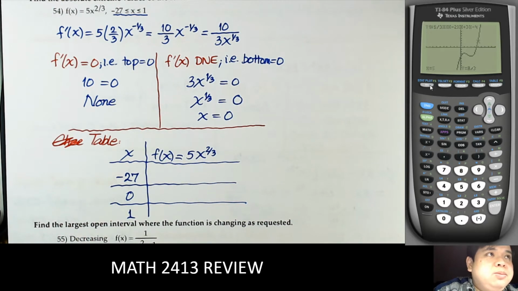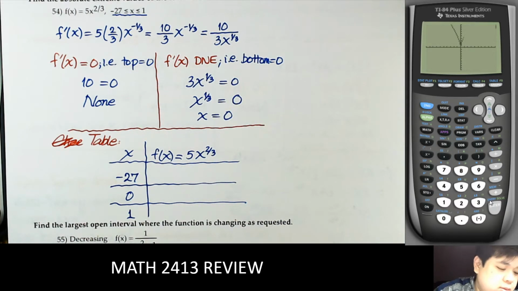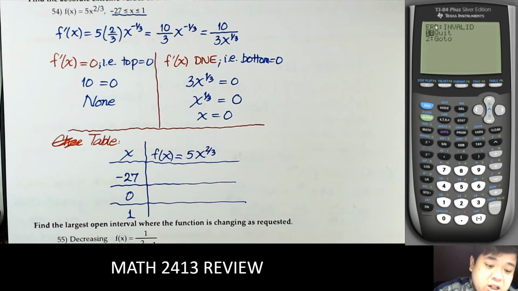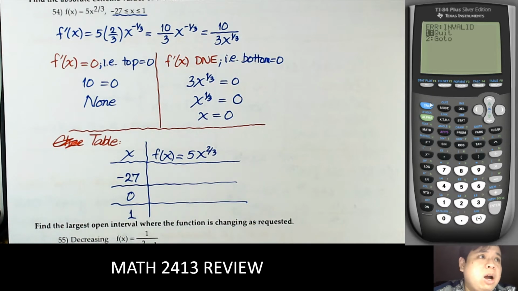So enter the function 5x to the 2/3, and then we want to evaluate second trace value negative 27. Of course, it doesn't give us that because negative 27 is not in that window. That's alright.